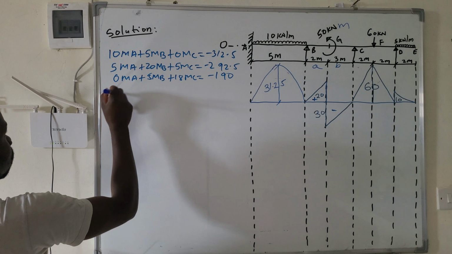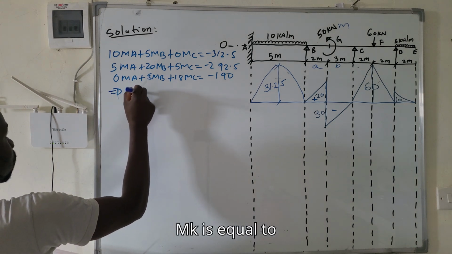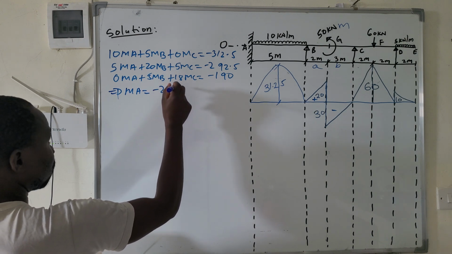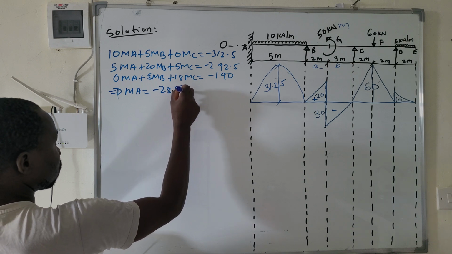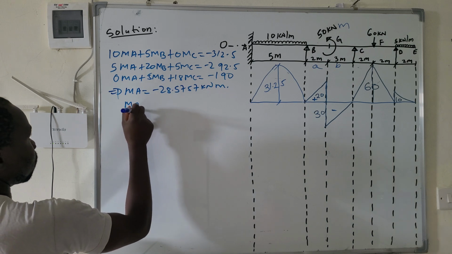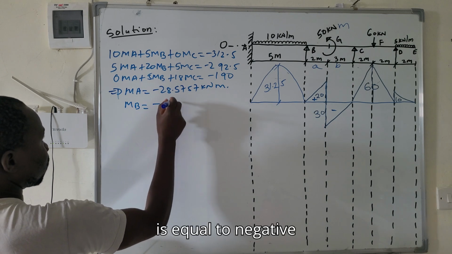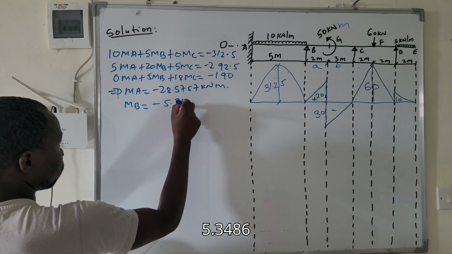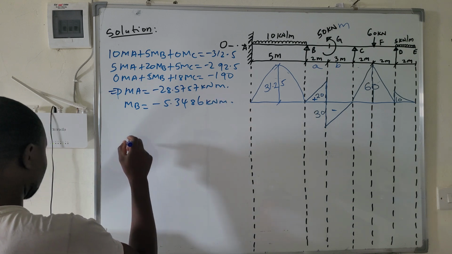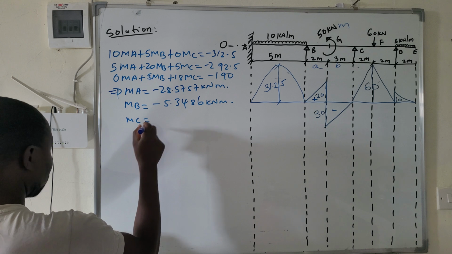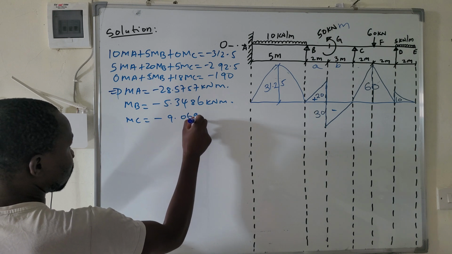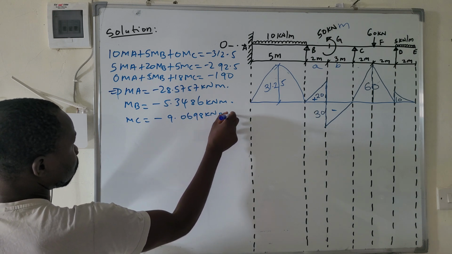So MA is equal to negative 28.5757 kilonewton meter, MB is equal to negative 5.3486 kilonewton meter, and MC is equal to negative 9.0698 kilonewton meter.